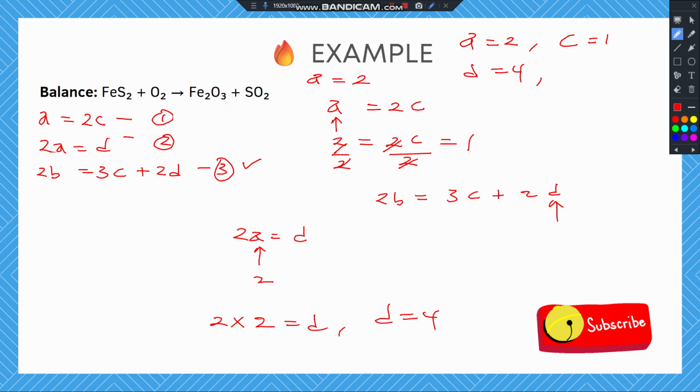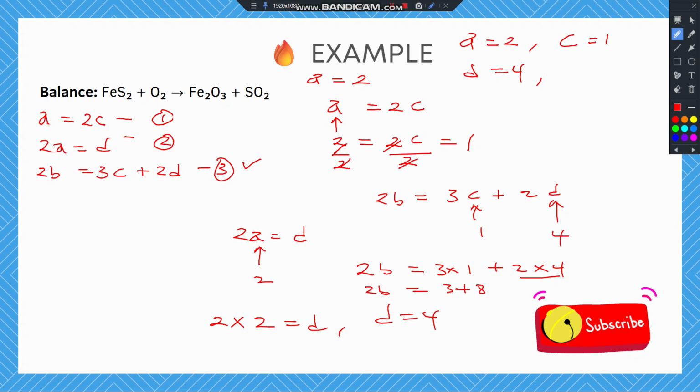I know the value of D to be 4, and I know the value of C to be 1. So therefore, this equation now becomes 2B is equal to 3 times 1 plus 2 times 4. 2B will now be equal to 3 plus 2 times 4 gives us 8. Alright, so 3 plus 8 will now be equal to 11.